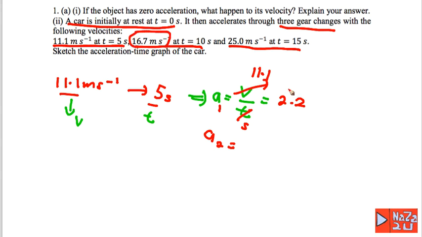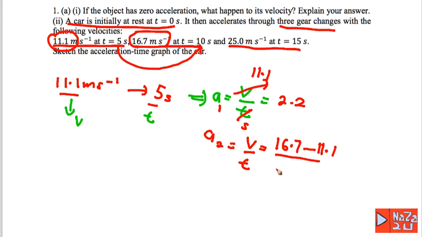Here we have v divided by t, but the initial velocity is 11.1 and the final velocity is 16.7. So we have the change of velocity, final velocity 16.7 minus initial velocity 11.1, divided by the change of time, 10 minus 5. You can use a calculator.